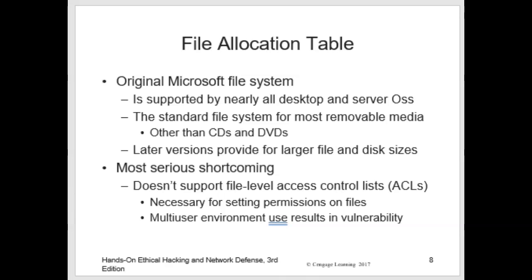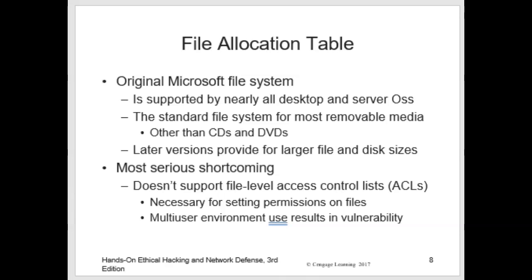And it acts as a table of contents to show where the directories are at and the files that are stored on the disk. So, for example, FAT12 is the standard file system for most removable media. The most serious shortcoming of any FAT is that it really doesn't support file level access control lists, right? There's no ACL limiting who can get to them.